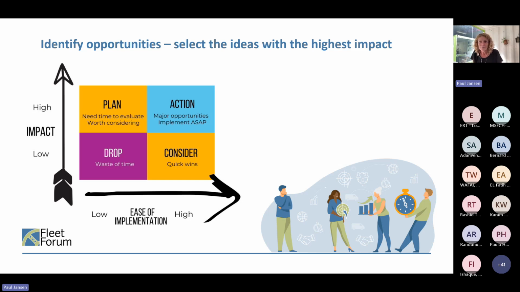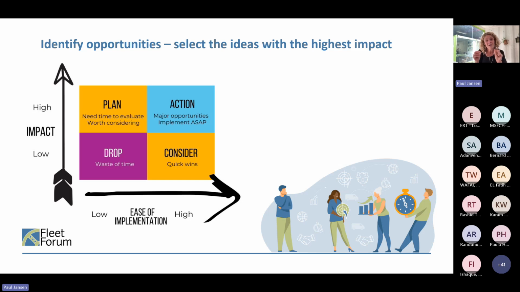Now, the ones where the impact is low and it is also very challenging to implement, so a low ease of implementation, don't focus on those. It's a waste of your time and your energy. Really focus on the ones with high impact and high ease of implementation.